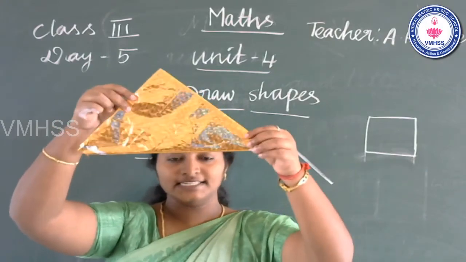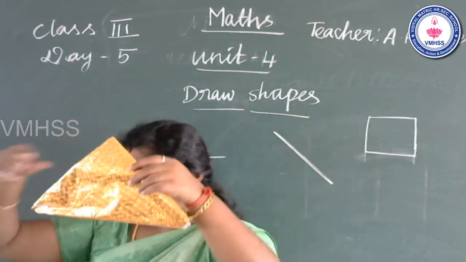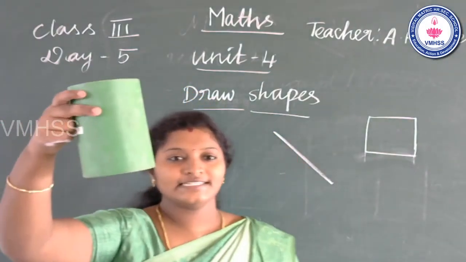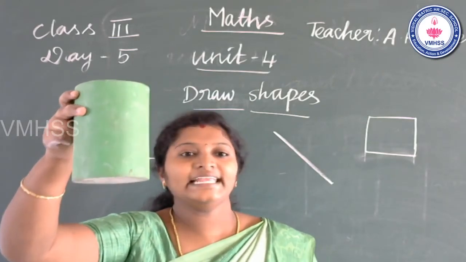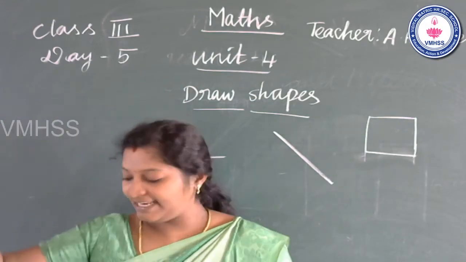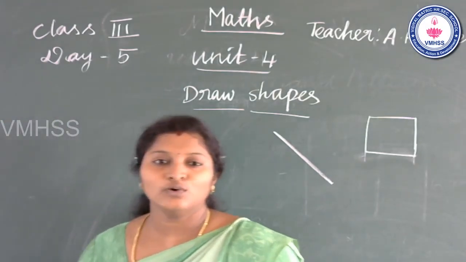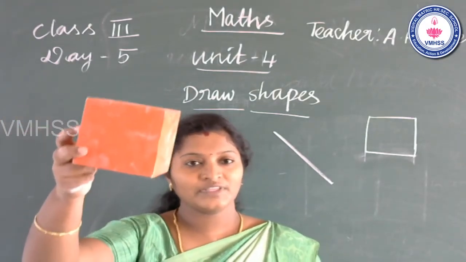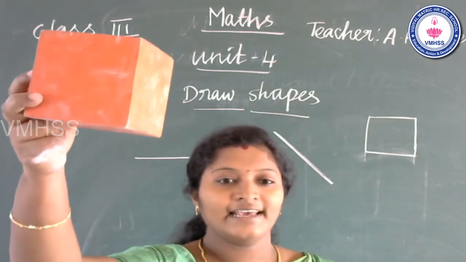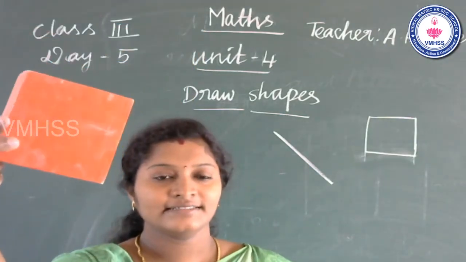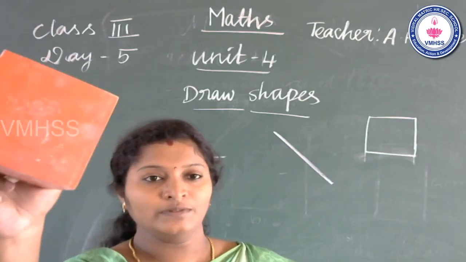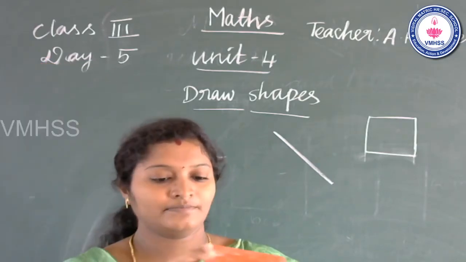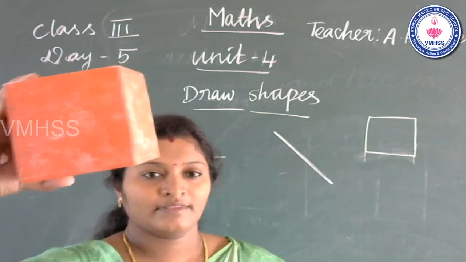This shape is cylinder. Okay, so what is this shape? This is cube.